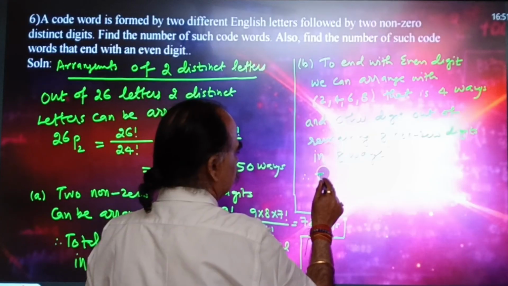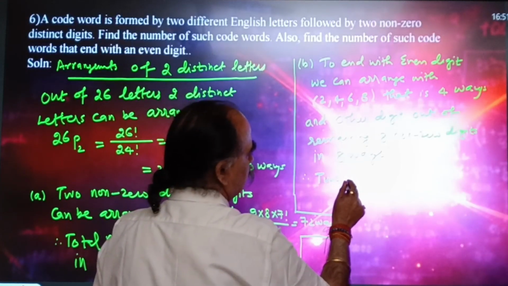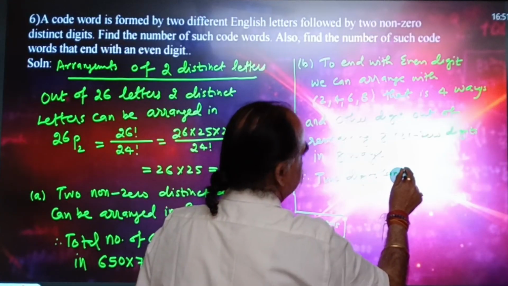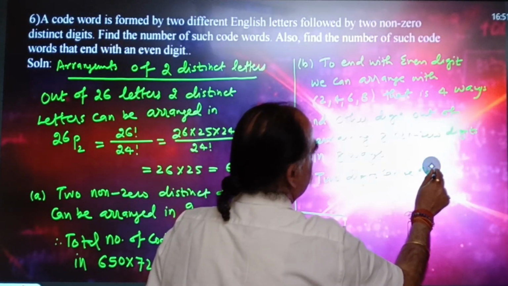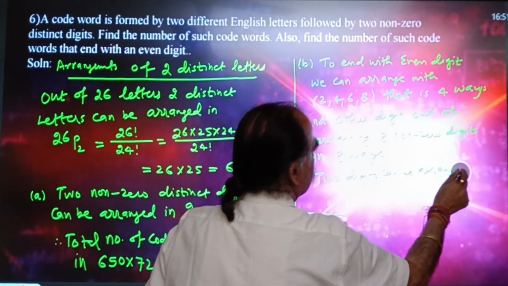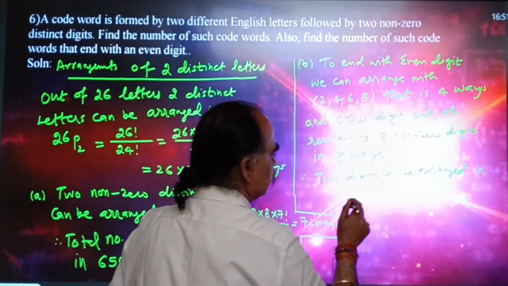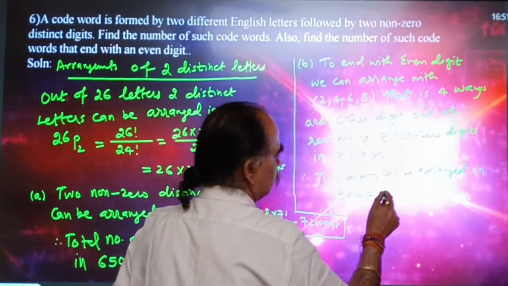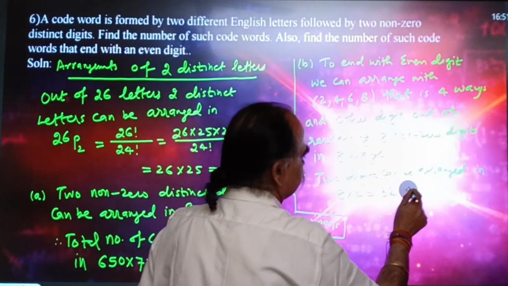Therefore, the 2 digits can be arranged in 8 into 4, 32 ways.